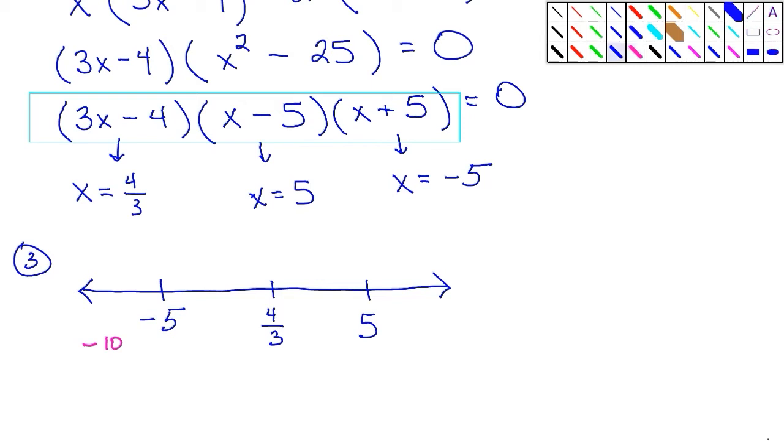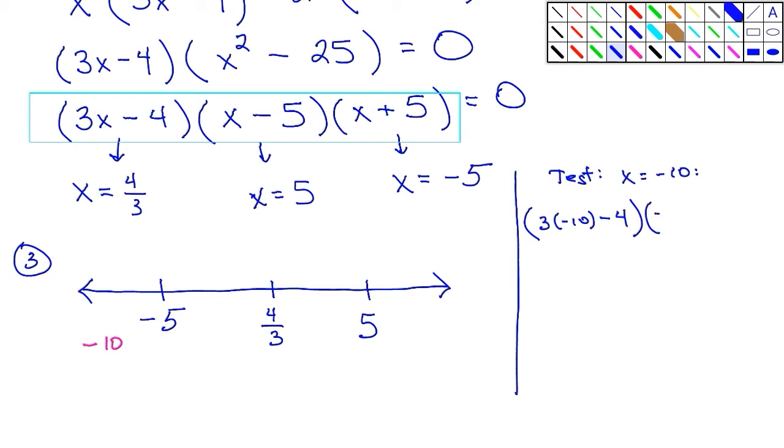And if I test there at negative 10, then we get the following. 3 times negative 10 minus 4 times negative 10 minus 5 times negative 10 plus 5.